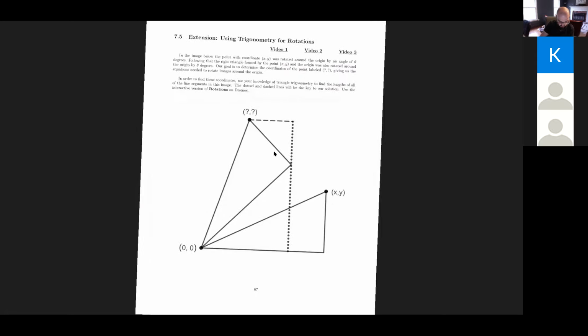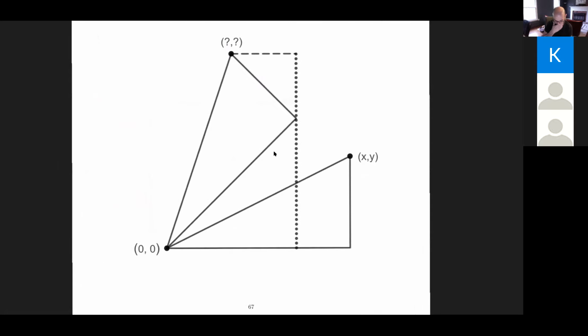Down here we have our picture, and I want to mark up some things that we know so far. As we saw in the Desmos screen, this angle right here, we're rotating up by an angle theta. We're going to call this angle theta. We took our triangle and rotated it up by theta.